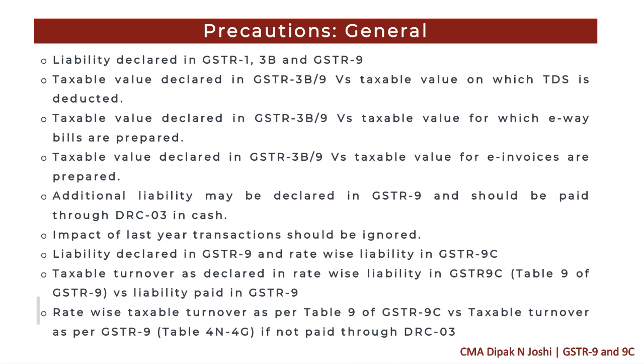So you should ignore the impact of last year's transactions which are taken in the current year. Similarly, you should cross reconcile liability which is declared in GSTR 9 with the rate-wise liability which is declared in GSTR 1.